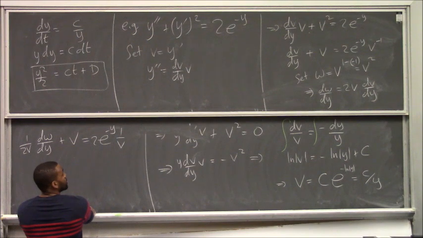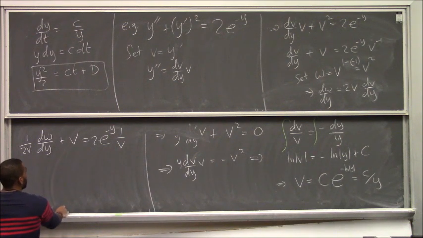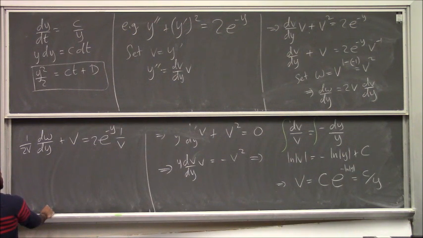Wait, now we have 3 variables. So how many of them are independent? y is independent.